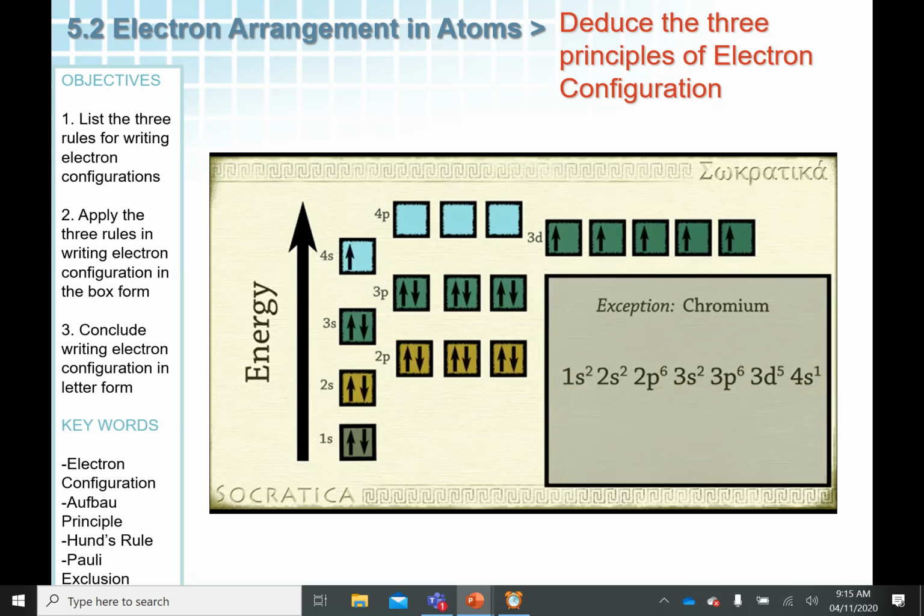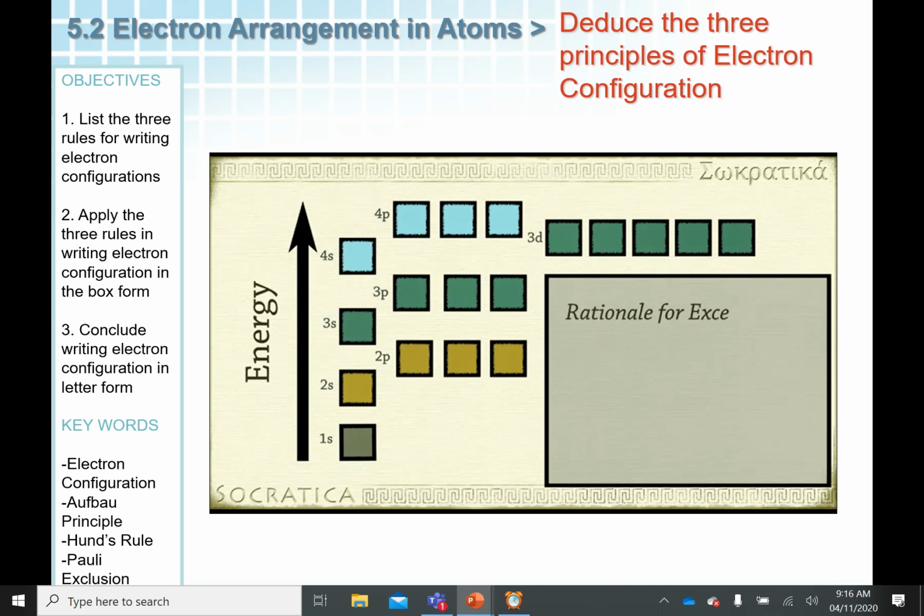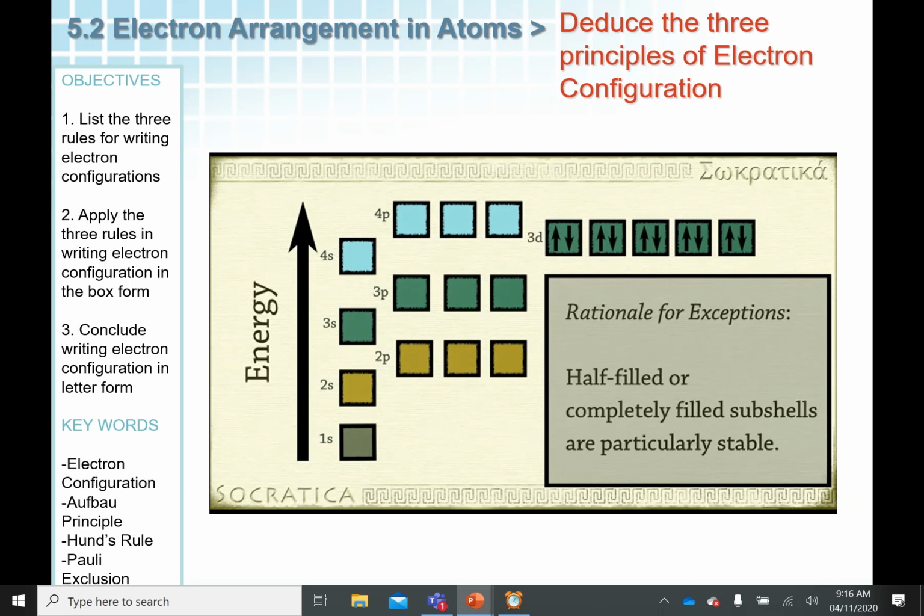For example, in chromium, the electron configuration ends in 3d5, 4s1 instead of 3d4, 4s2. Similarly, copper's electron configuration ends with 3d10, 4s1 rather than 3d9, 4s2. The rationale for these exceptions to the Aufbau principle is that half-filled or completely filled subshells are particularly stable arrangements of electrons.